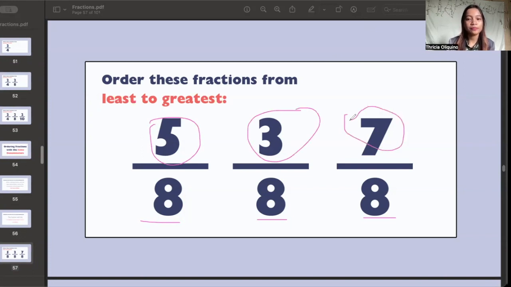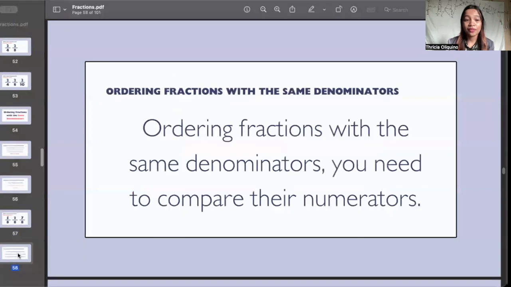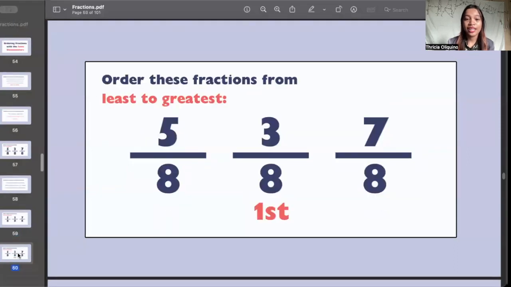So which do you think is the least or the smallest? Since we need to order these fractions from least, which is the smallest, to the greatest or the largest, we need to select the smallest one first. Which fraction is the smallest there? Okay, it's 3/8.